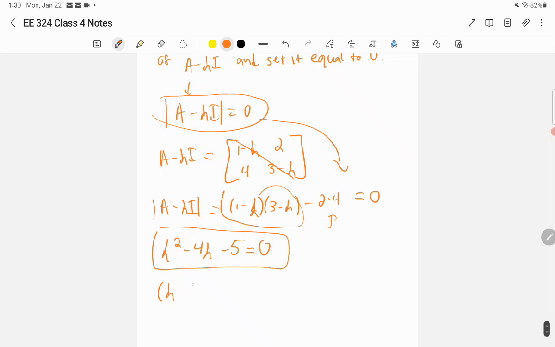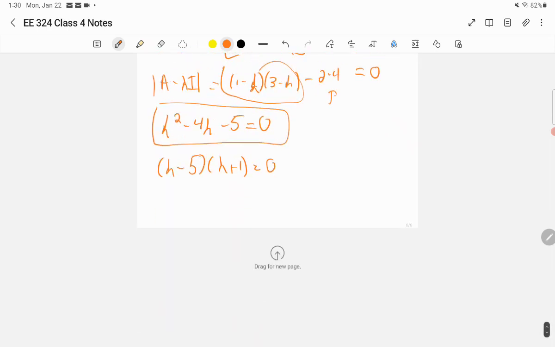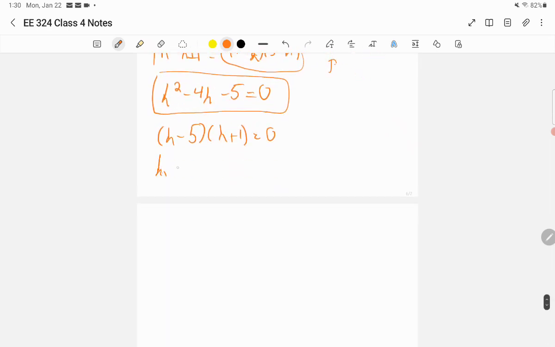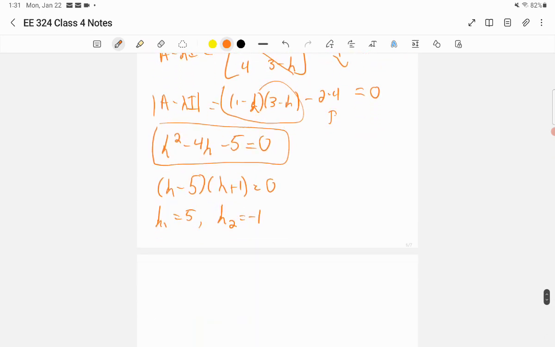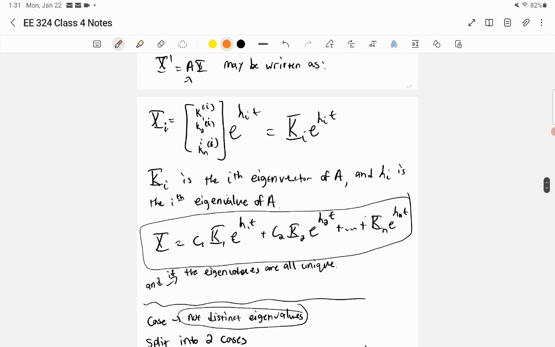So lambda minus 5 times lambda plus 1 is equal to 0. So that means that I'm going to call, say, lambda 1, I'm going to call that 5, and lambda 2 I'm going to call negative 1. It doesn't really matter. We can order these however we want. You could order them from low to high or whatever. So now we found the eigenvalues, and they're two unique eigenvalues. So we know that we're going to have the case that we saw way up here of unique eigenvalues.